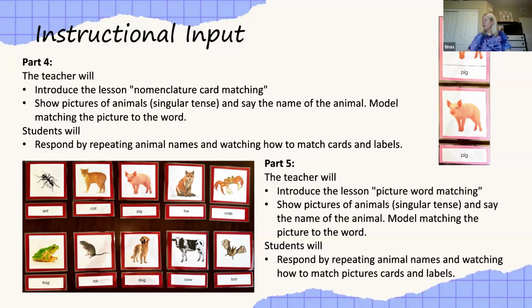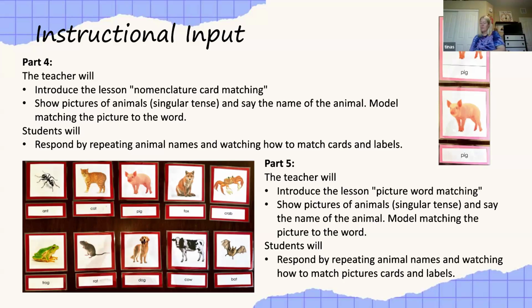Okay, then we have the next part. The next part has only the picture without the word. Okay, and the last part has only the words without the pictures. Our job is to match the picture and word card with its picture and its word. Okay, sounds kind of tricky, but we're going to try it.